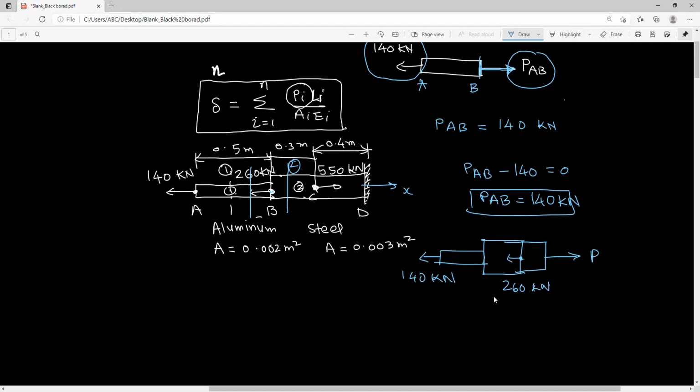So the total force in part BC will be PBC, positive, minus 140 minus 260 is equal to 0, and PBC is 400 kilonewton.